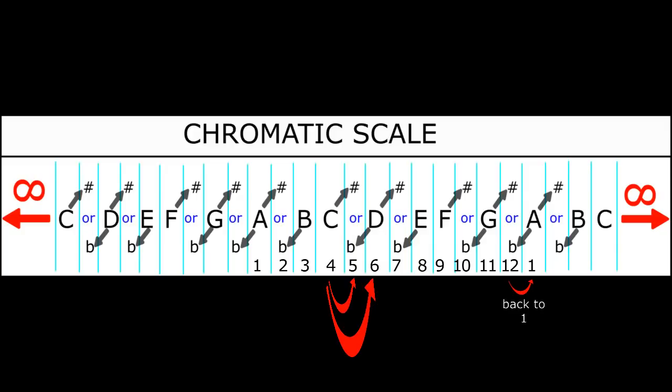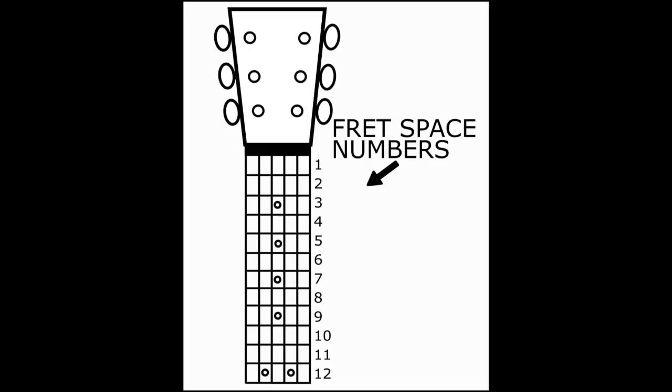Now a whole step is just exactly what it sounds like. It's twice the distance of a half step. So let's say, for instance, I'm on a guitar and I'm playing some lead, and I'm trying to describe to another guitar player where I'm moving from one note to another. I could say something like, oh, I'm 2 whole steps up, or I'm a whole step and a half step up from where I last was.